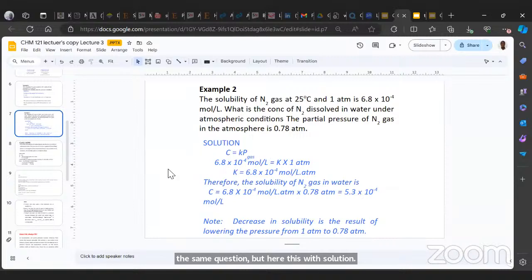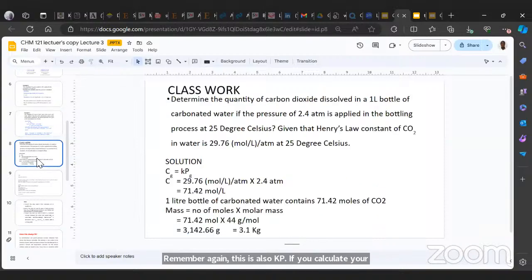So I've explained how to calculate it. Remember again, C is equal to Kp. So if you calculate your K, use your K to calculate the C. Everybody take a screenshot of this work and practice it.